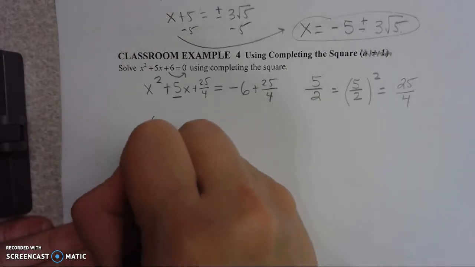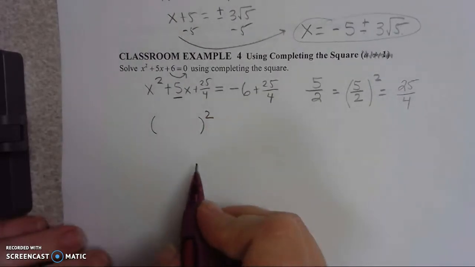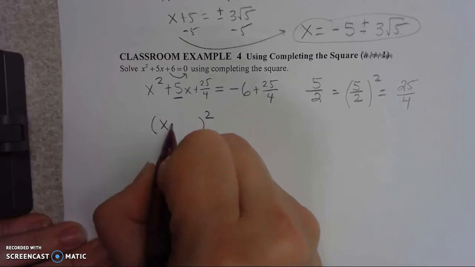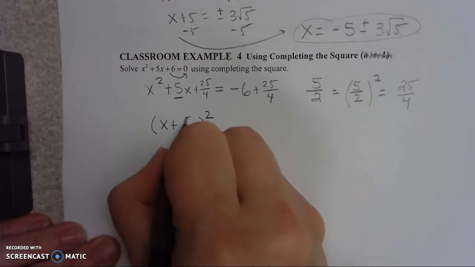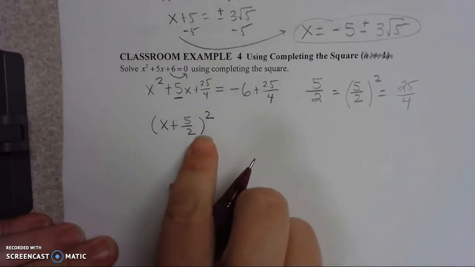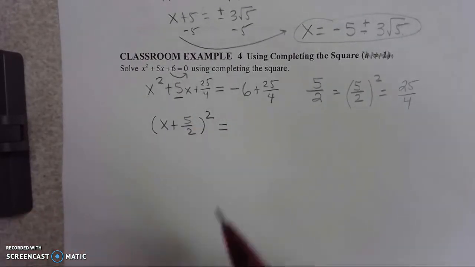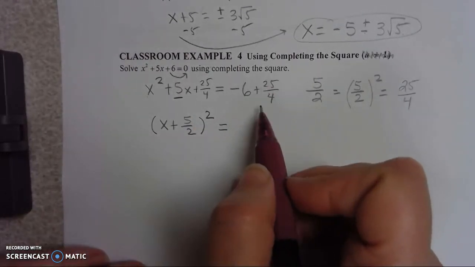Now when I factor this, it should always be a binomial squared: my variable, my plus sign, and what I got when I took half, inside the parentheses, squared. And then negative 6 plus 25 fourths.